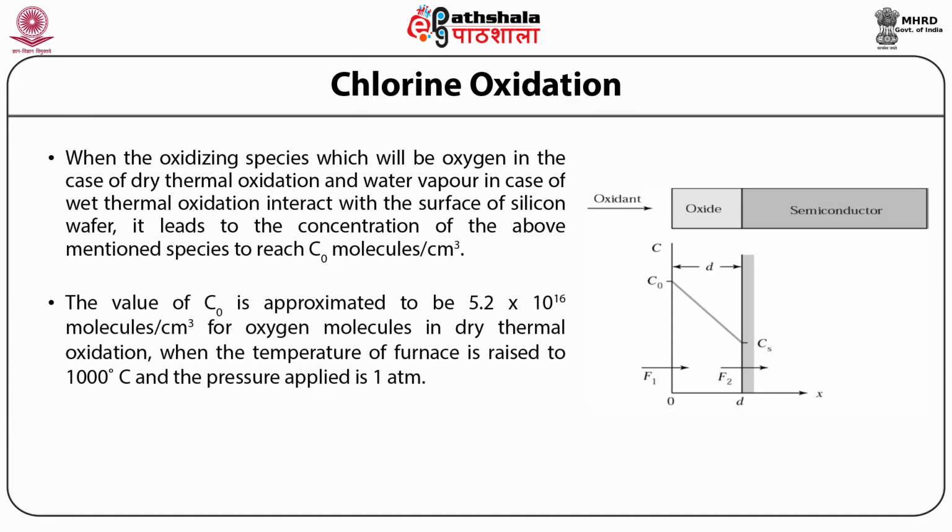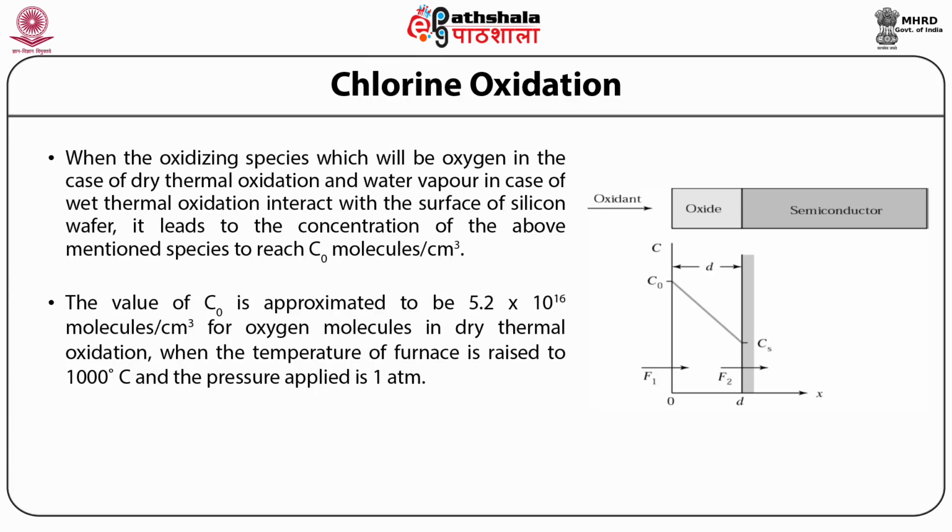The value of C0 is approximated to be 5.2 multiplied by 10 to the power 16 molecules per centimeter cube for oxygen molecules in dry thermal oxidation.